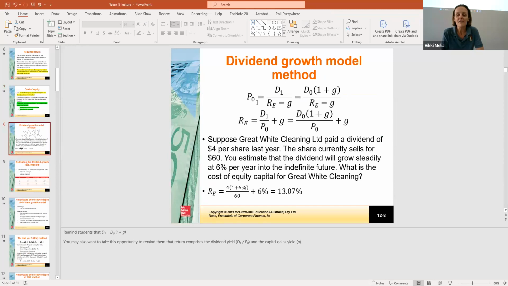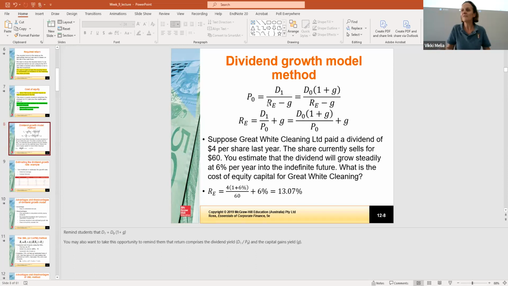In week 5, we looked at it in the format that it is on the top here. We were trying to calculate the price. And we said the price today for a share in a company is equal to D1. What was D1? The first or the next dividend to be paid, all over RE, the shareholders' required rate of return.